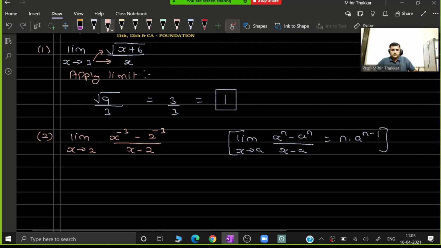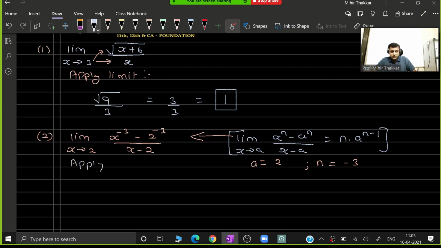So here, what is the value of a and what is the value of n? I'm sure everybody must have got it by now. a is 2 and n is the power, which is negative 3. So guys, it is exactly as per our requirement in the standard formula. So you just have to write two simple words and go with the solution: apply limit.